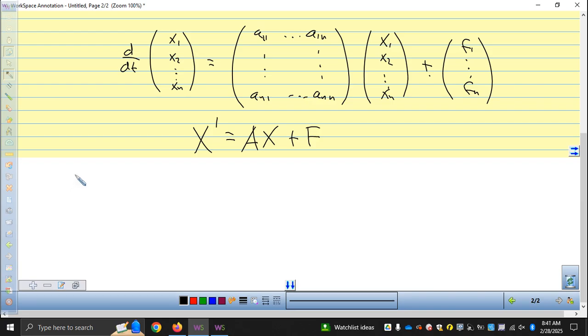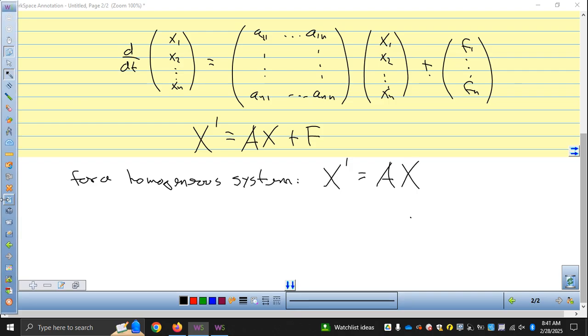For a homogeneous system, we have X prime just equals AX. And this implies this.